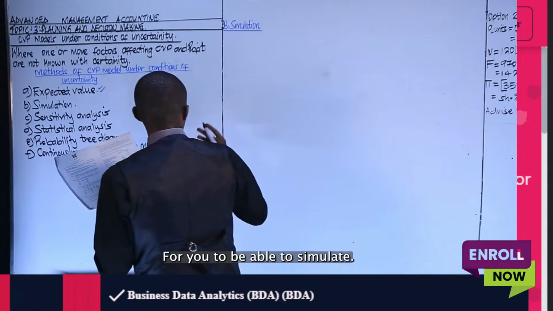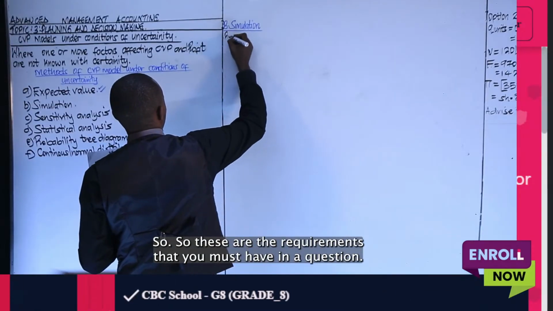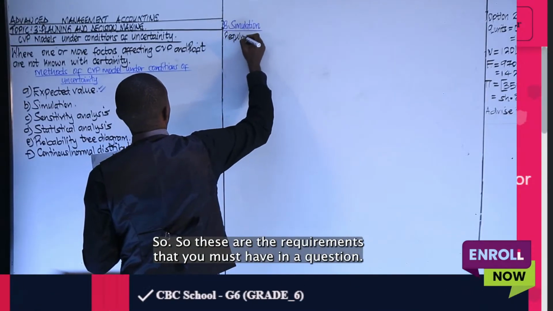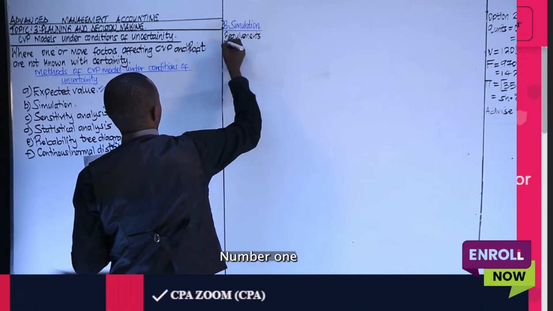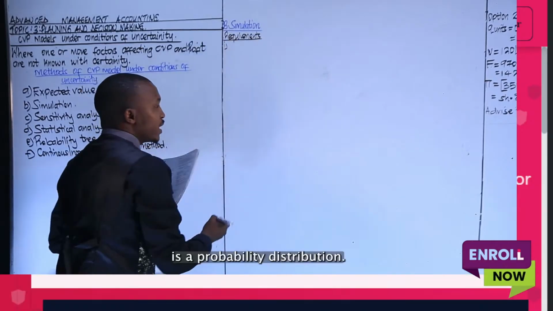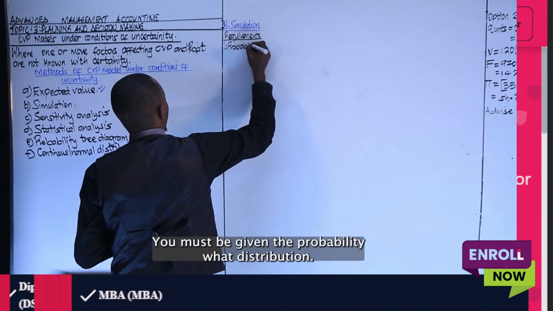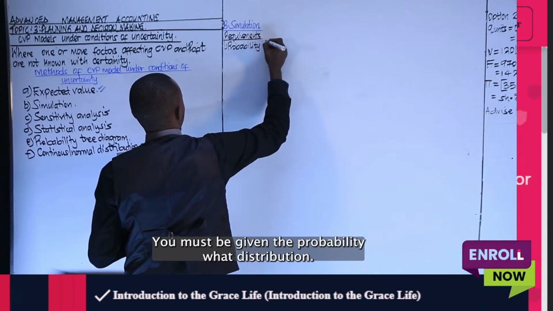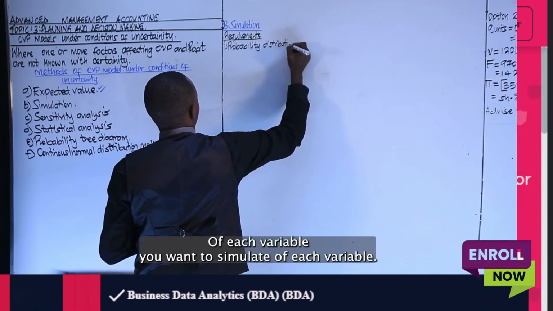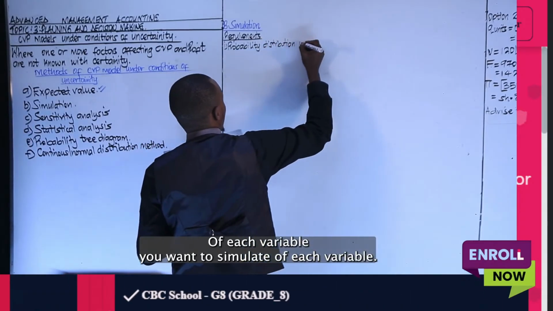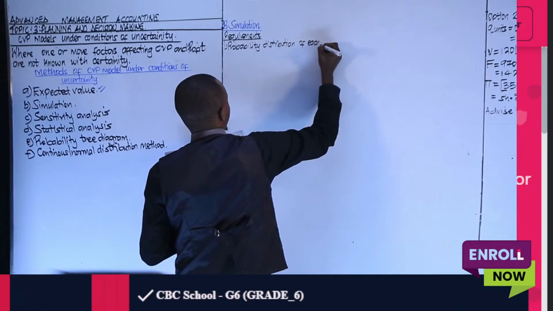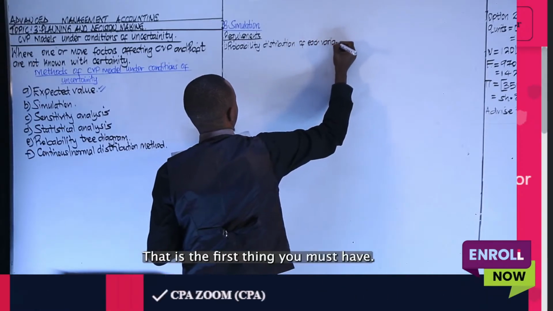For you to be able to simulate a question, these are the requirements that you must have. Number one is a probability distribution. You must be given the probability distribution of each variable you want to simulate.